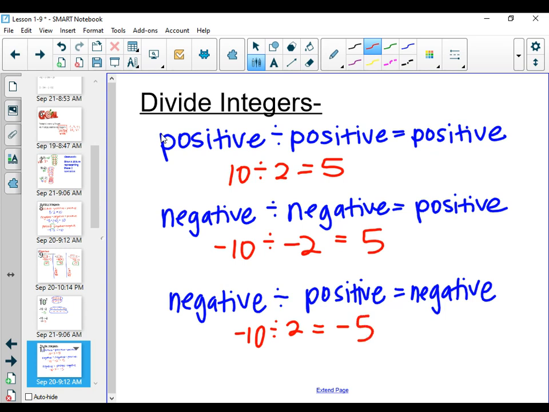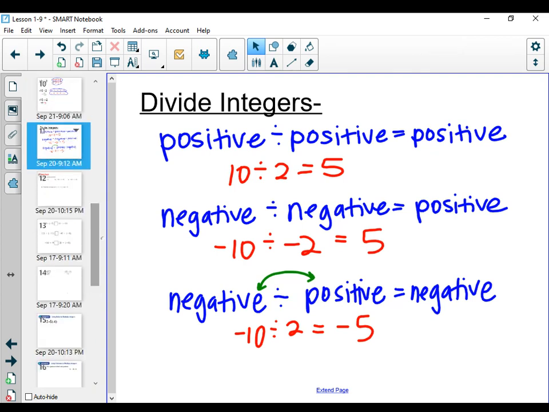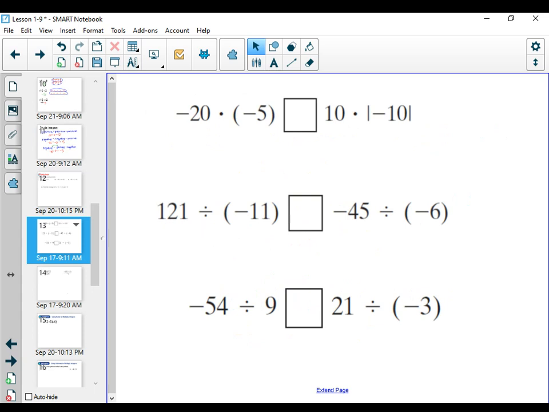And then whenever you are dividing one of each, and it could be in either order, the positive or the negative could be first, you will end up with a negative answer. Again, I like to draw boxes or something to separate. Here are my examples that I'm going to do next. You probably need to pause the video so you can solve.